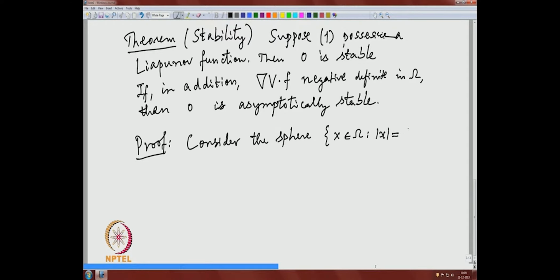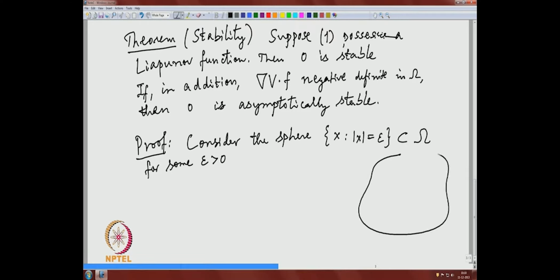Okay. And since omega is a neighborhood of the origin, I can choose a small epsilon such that this is in omega for some epsilon positive.